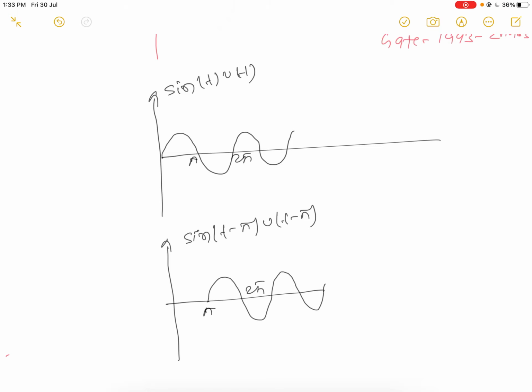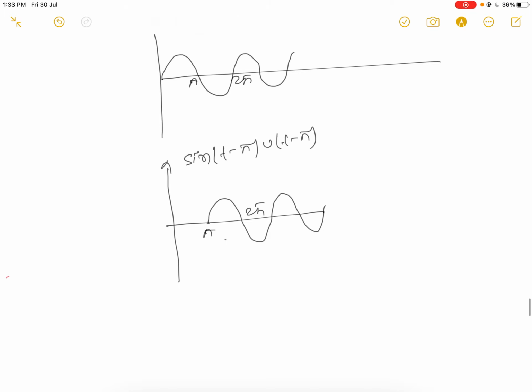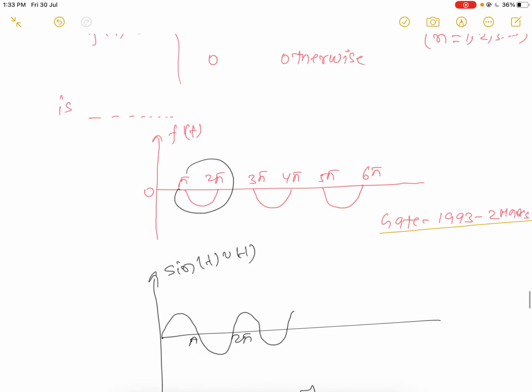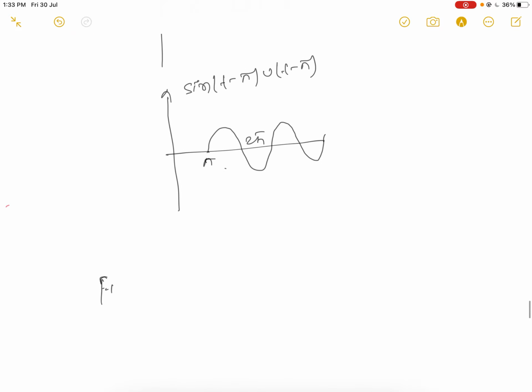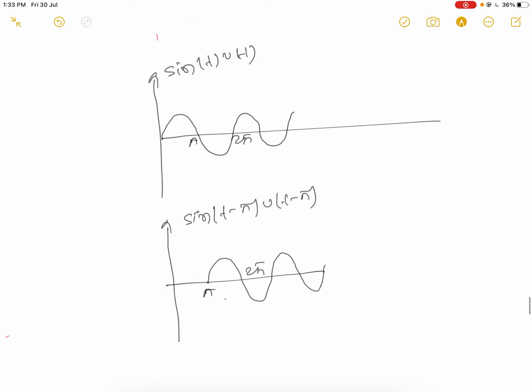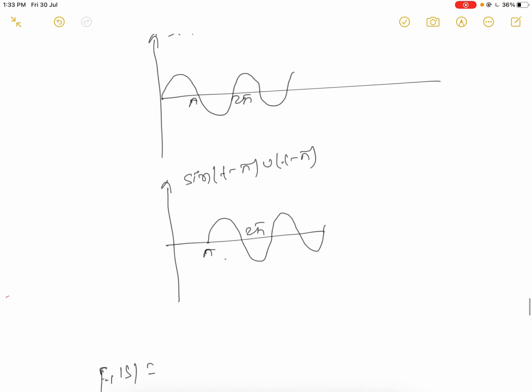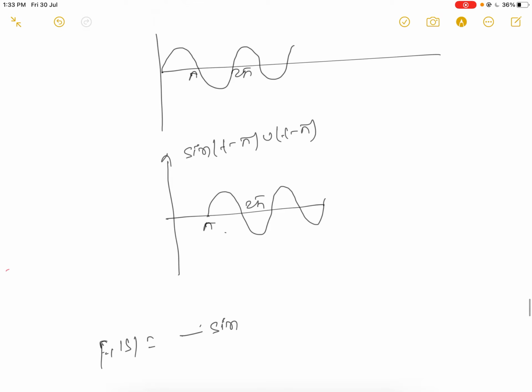Take the negative. When you take the negative amplitude, this one will become reversed, this one will be the upper, and subtract from here. For this node, f1(s) will be minus sin(t) u(t), because when you take the negative sign, the amplitude changes to the reverse direction.